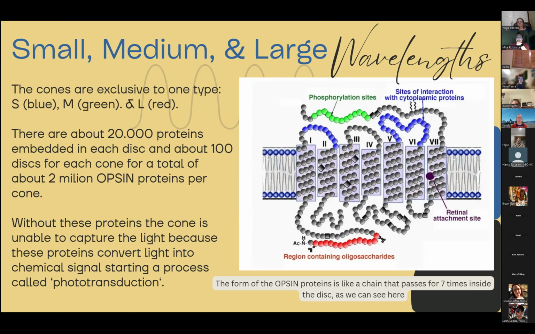phosphorylation sites. So phosphor, if you think of the tip of a match, that's red phosphor. It's a very chemically active material. So even a little bit of friction or a little bit of energy causes almost like an explosion of energy.